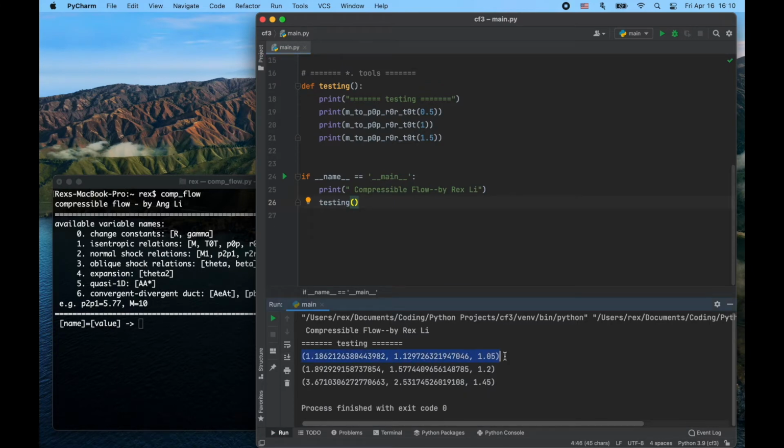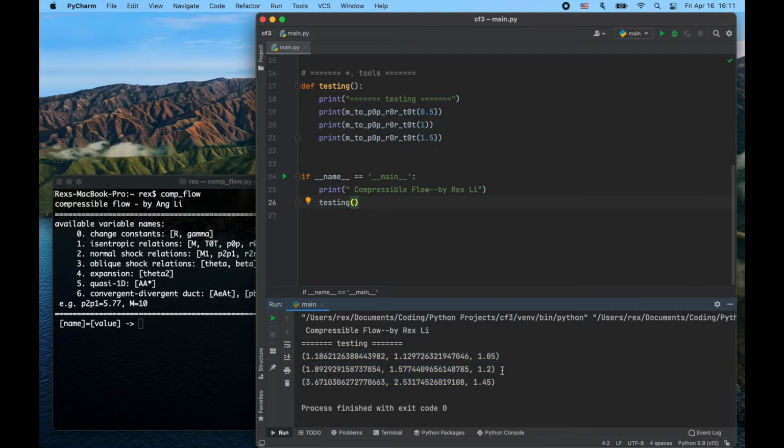So it printed out three different tuples. The first one is always pressure ratio. This one is density. And the last one is temperature. Here, we can compare the results here with the numbers on the table to see if the values are correct.